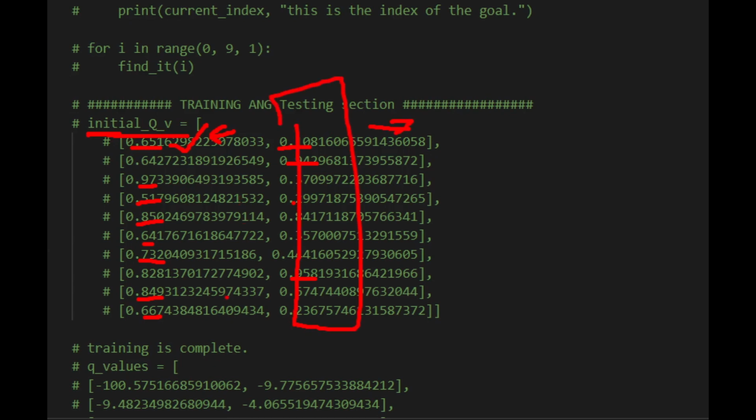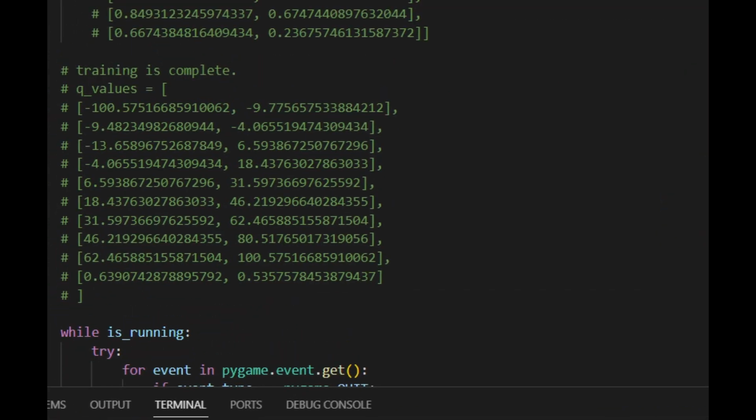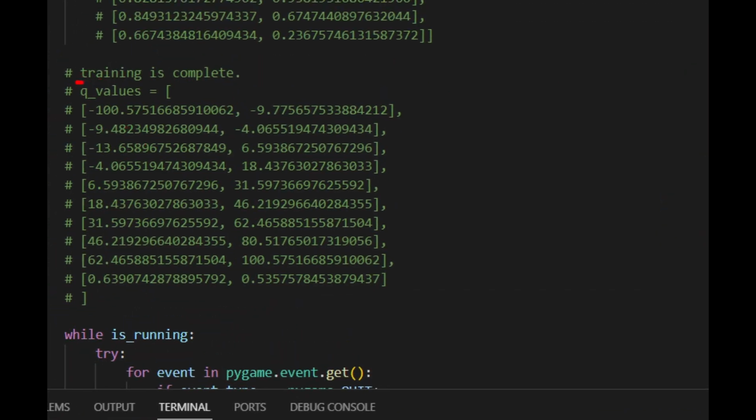Now let's have a look at this one. This is after training is completed. The Q table means the model, the brain with knowledge. Now look at the numbers. The second number, minus 9, is greater than minus 100, therefore you go right. The second number is for turning right, the first number for turning left.